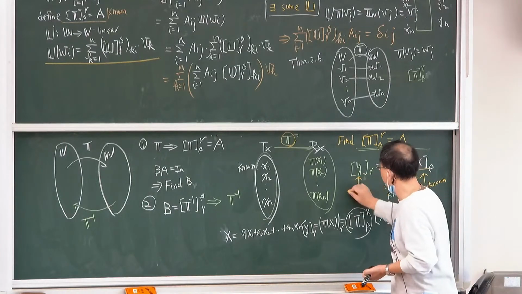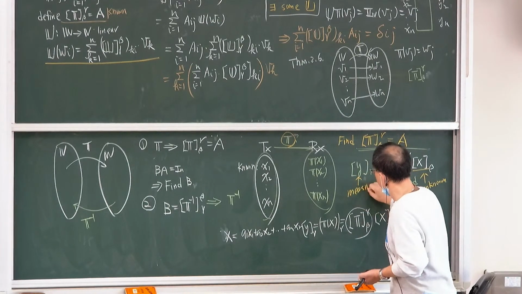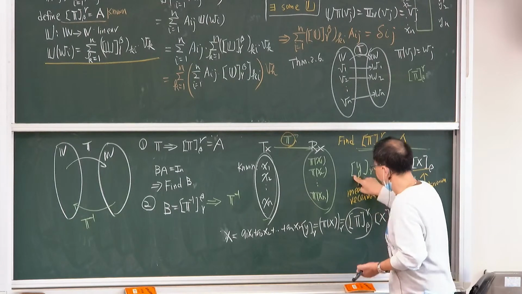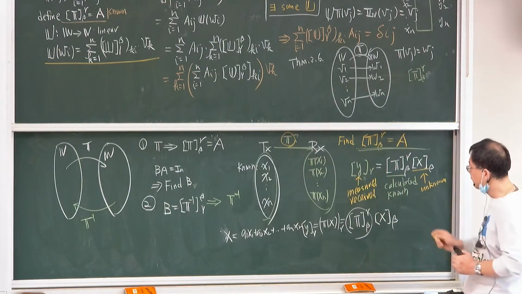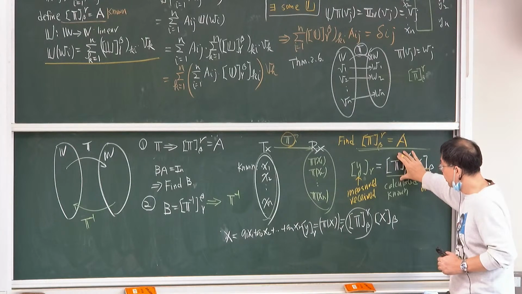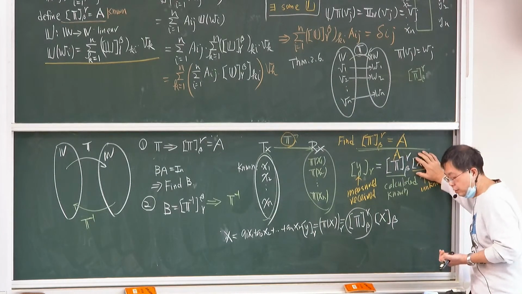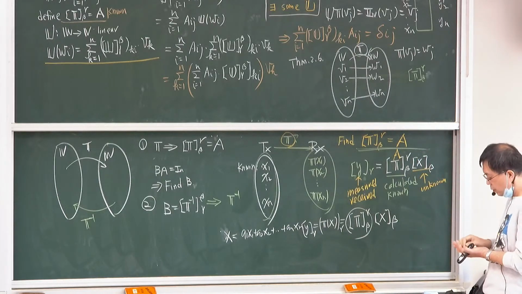This is what we measured, what we received, and we have already calculated matrix A, but we don't know x. So how can we know it?